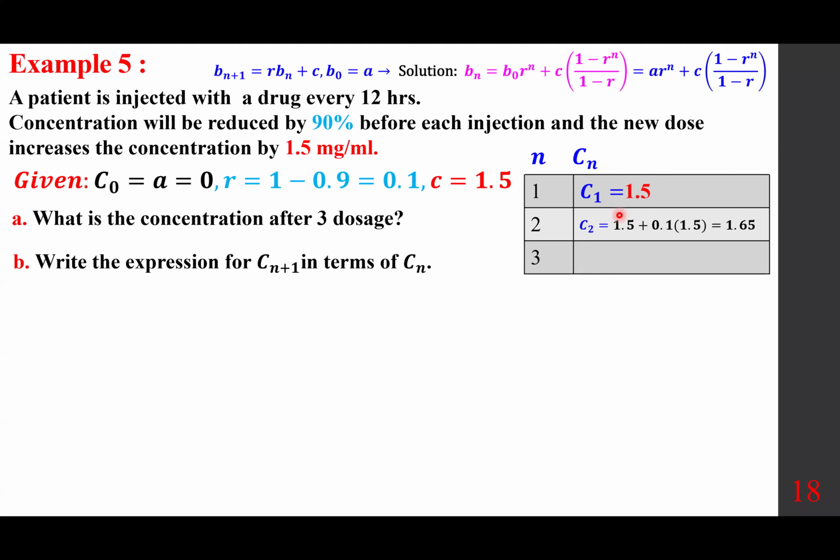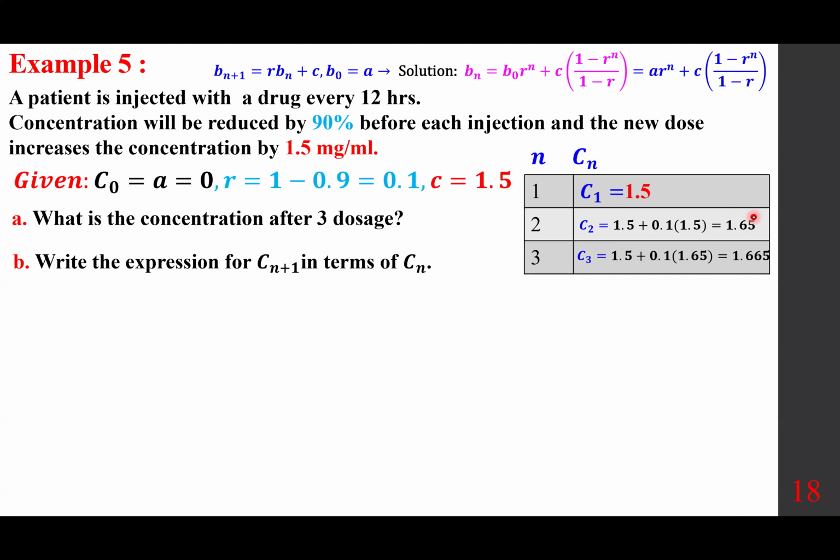Then what? Again, 1.5 and then 10% of this, 0.165 gives us 1.665. So it's very straightforward, everybody.